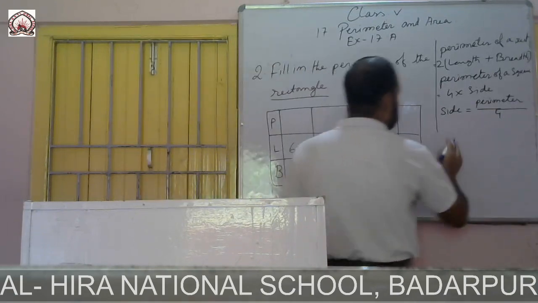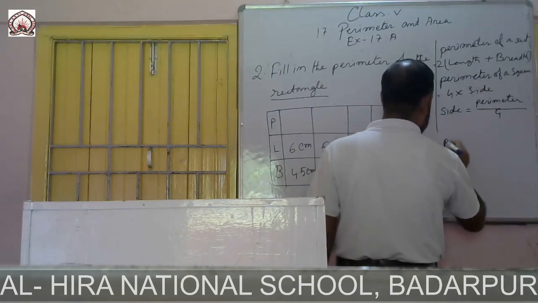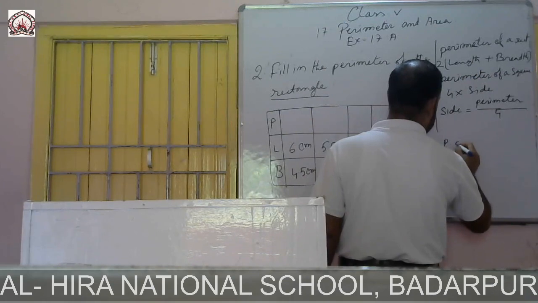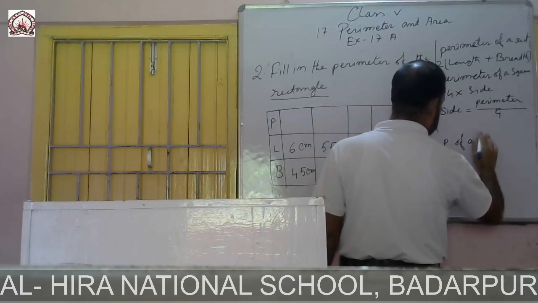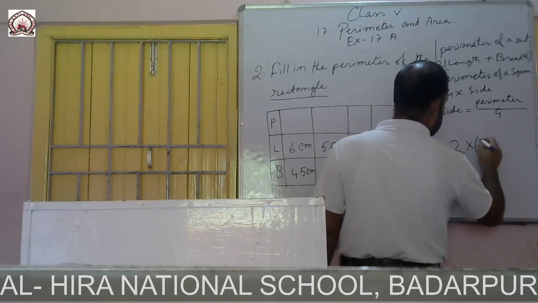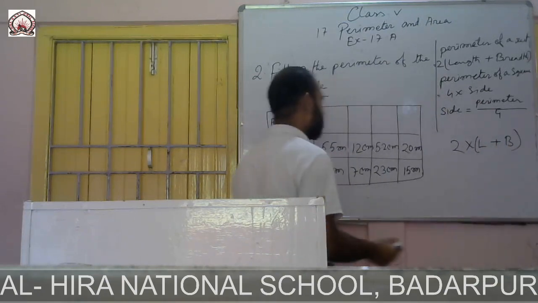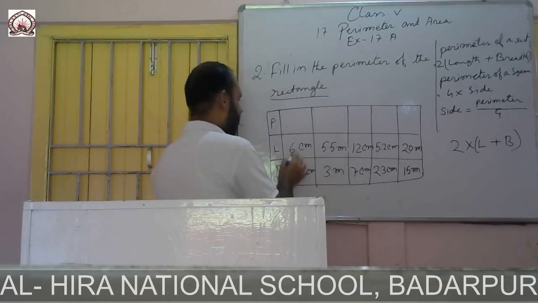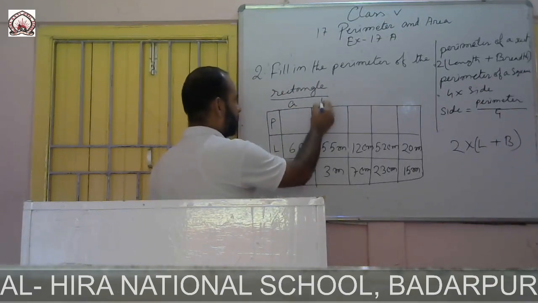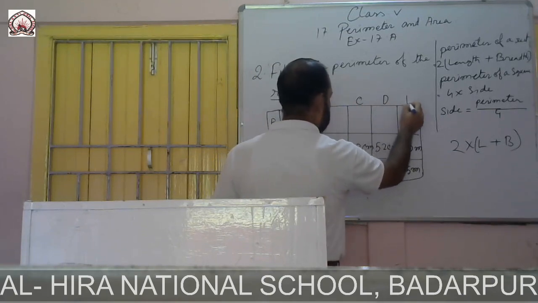So formula is that perimeter of a rectangle equal to 2 into length plus breadth. So here the first question number A, B, C, D, E.